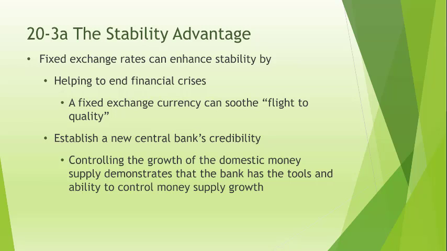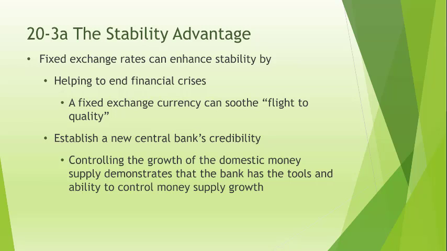And the other reason, the first bullet point there, is helping to end financial crises. Typically, developing countries in particular try to end financial crises by going to something that's fixed, usually against a currency that's extremely stable. So the Mexican peso crisis in the 1990s was stabilized by the Mexicans deciding to fix their currency against the US dollar for a period of time.